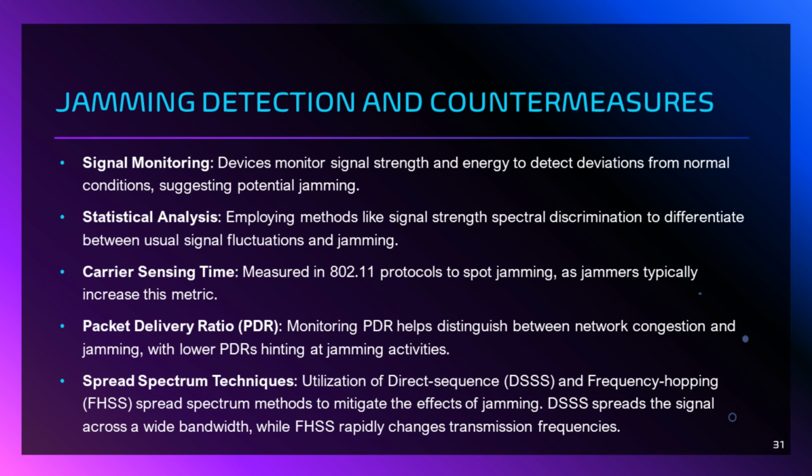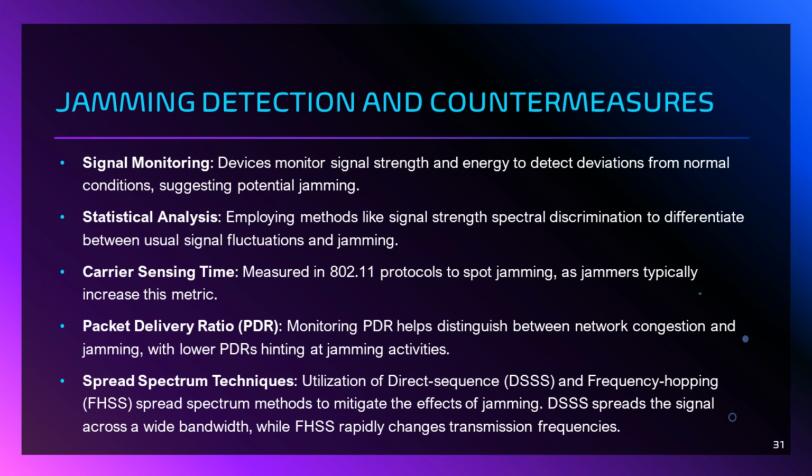We have statistical analysis, which employs methods like signal strength spectral discrimination to differentiate between the usual signal fluctuations that are going on with your legit RF and jamming attempts. Then you have carrier sensing time, which is time measured in the 802.11 protocols to spot jamming, as jammers typically increase this metric, and it's very easy to pick out.